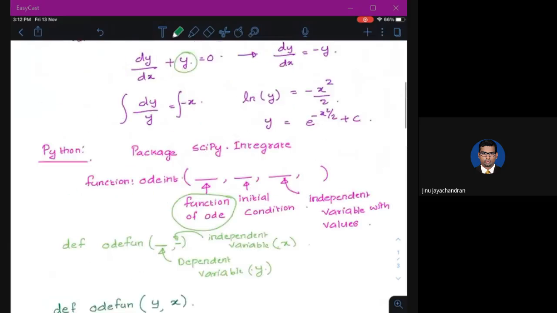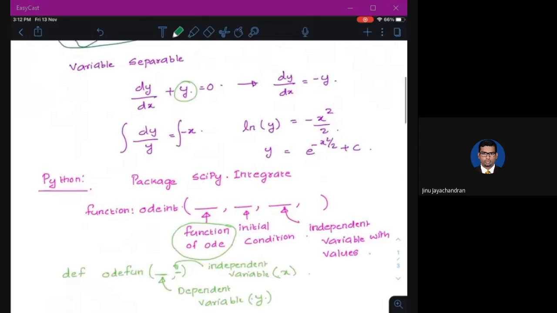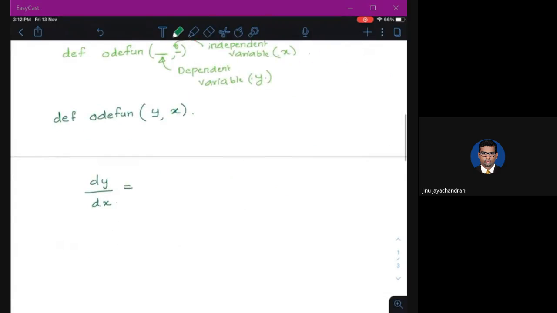So if you look at this, dy by dx plus y is equal to 0. If you look at this thing, then this is equal to minus y. So this is your left hand side, and this is your right hand side.